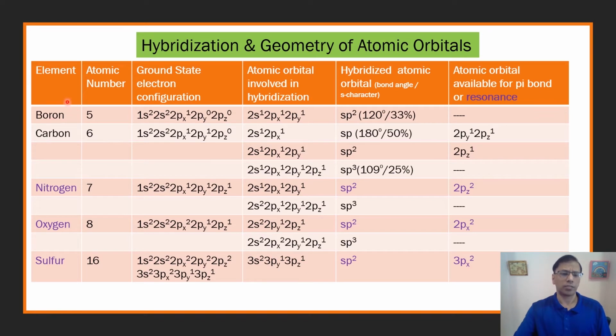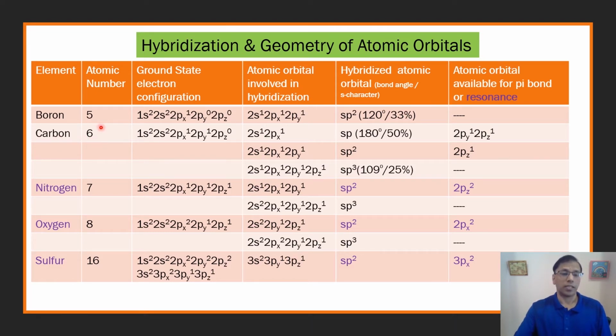So we have covered the hybridization of boron. One thing that we need to remember is that the sp2 hybrid orbital has 33% s character, because the s orbital is split between three hybrid orbitals. So 1/3 is equal to 33%.